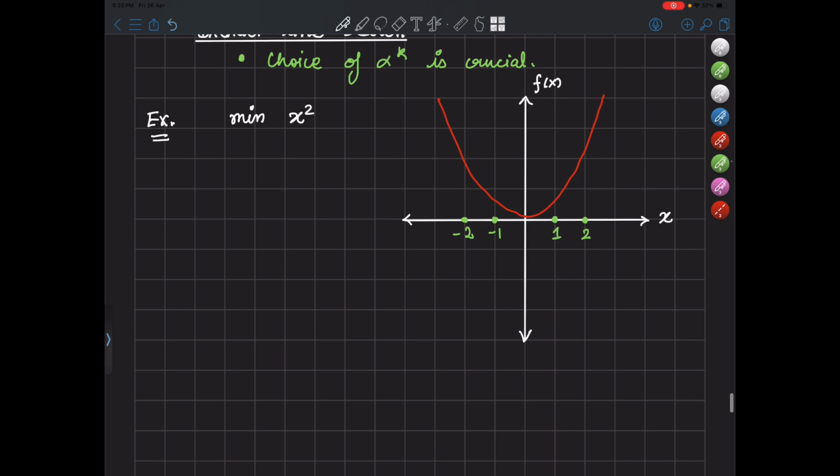So we can safely say that the local and global minimum is at x star equal to 0. This is both the local and global minimum.